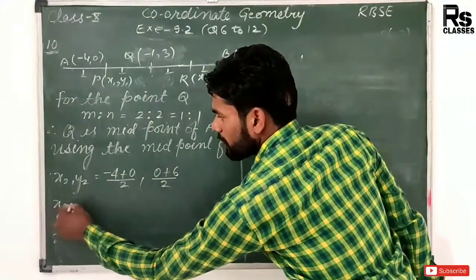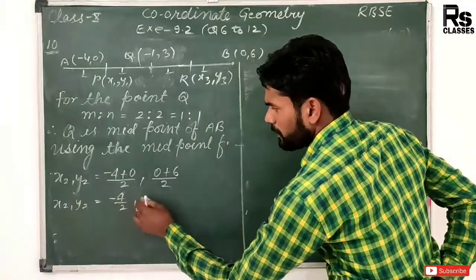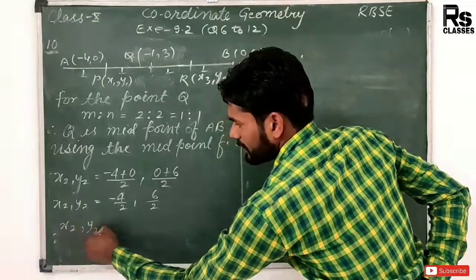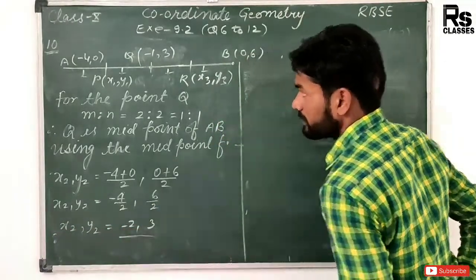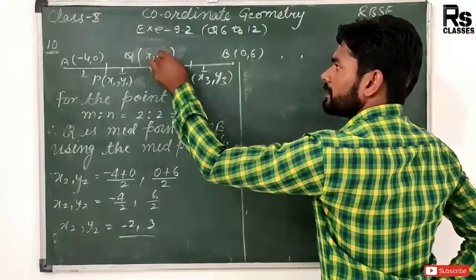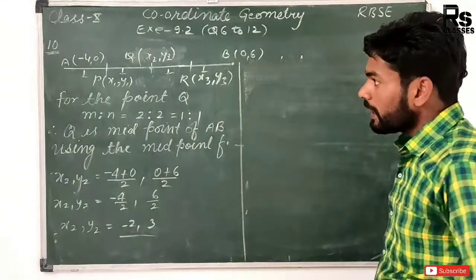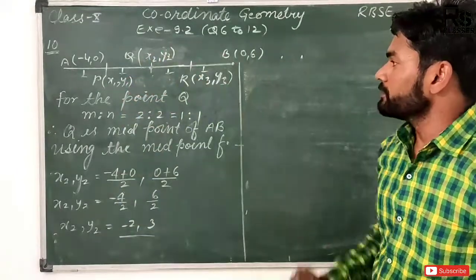Then x2 comma y2 is equal to -4 upon 2 comma 6 upon 2, which implies that x2 comma y2 is equal to -2 comma 3. These are the coordinates of the point Q.